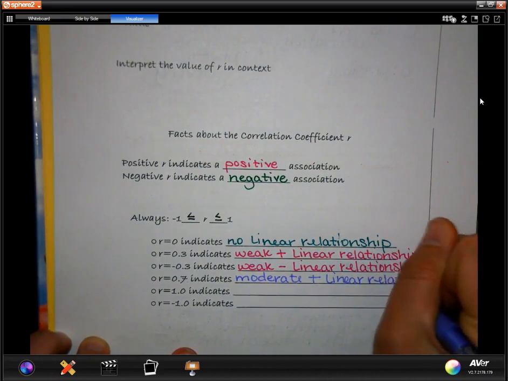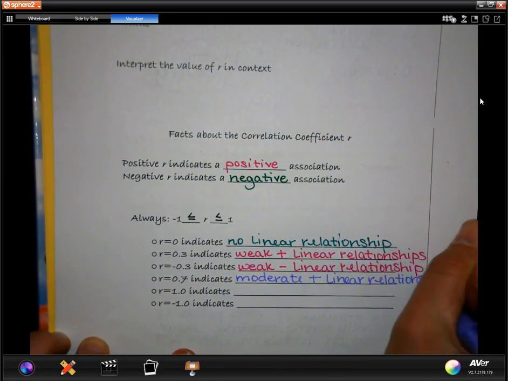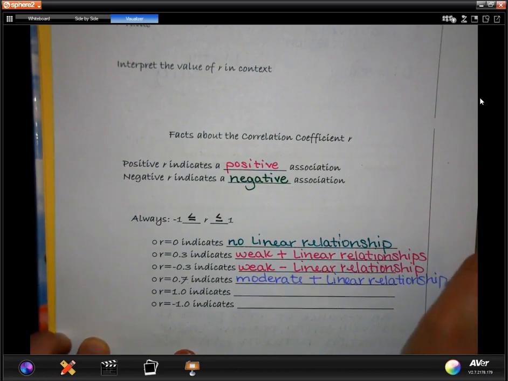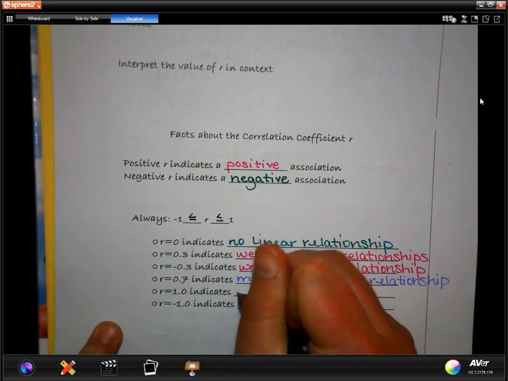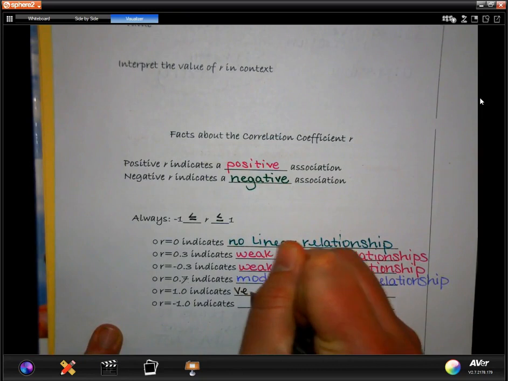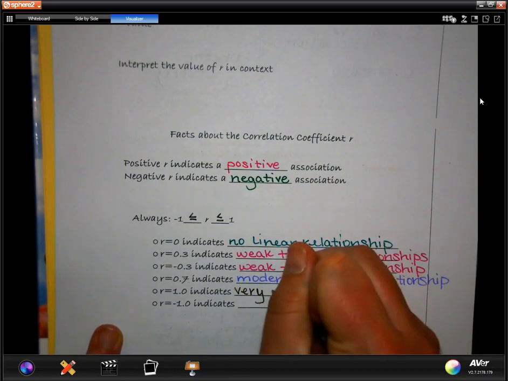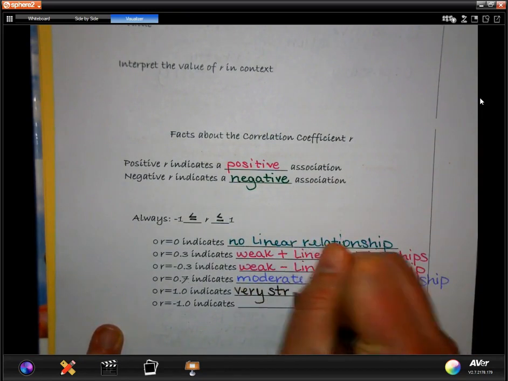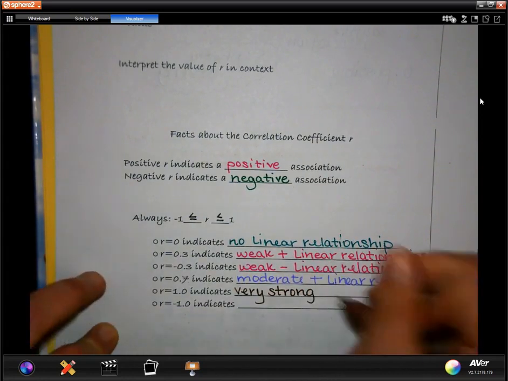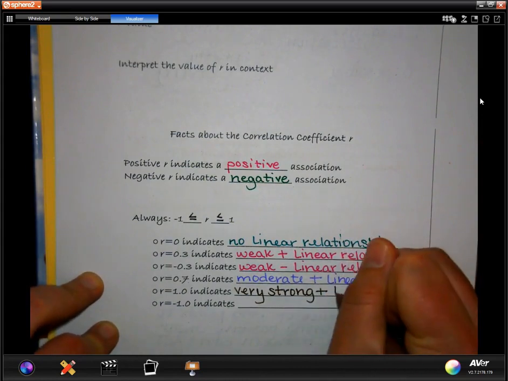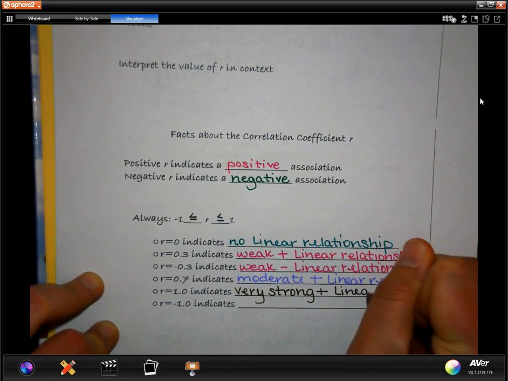And if you get 1 or negative 1, that's as strong as it can get. My word to show that it's really strong is very. So here I would say very strong. In fact, if it was 0.98 or 0.99, I'd probably still say very strong. So very strong positive linear relationship.